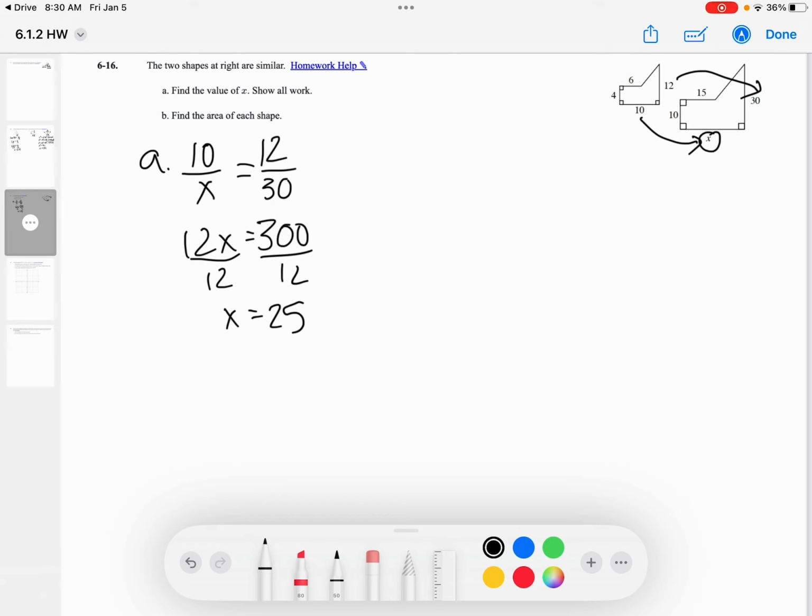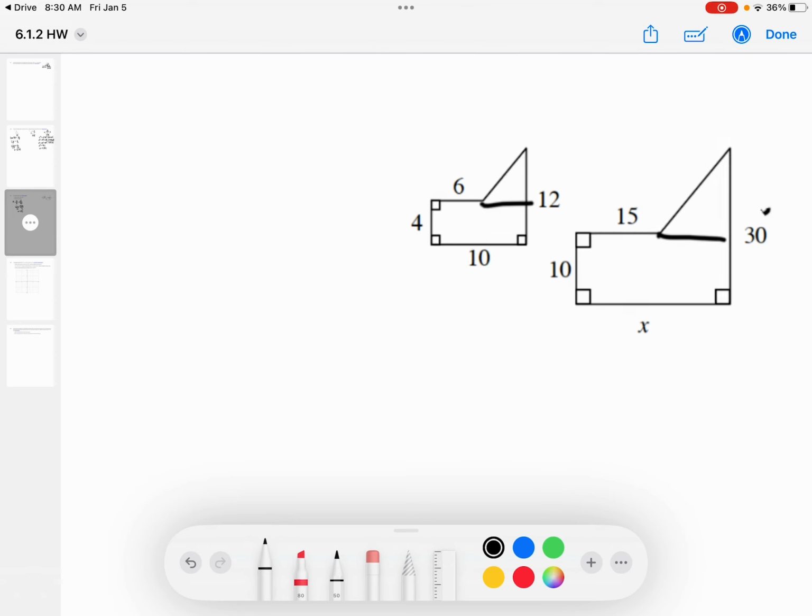Now we want to find the area of each shape. Okay, so I think we're going to kind of cut them up into a rectangle and a triangle. And let's see, I'm going to make this a little bit bigger here. The rectangle here is 4 times 10, so this is 40.